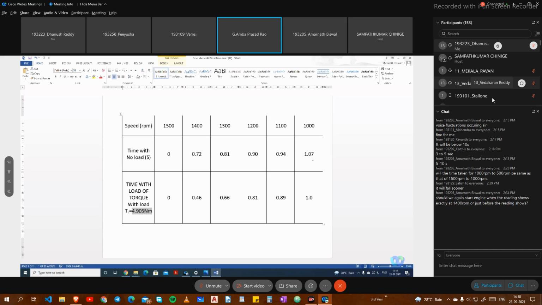Correct. But towards the end, it is going a little higher, no? Yes, sir. When we plot these, the curve will slightly differ, and the slope will differ. With no load, it will have less slope, but with load, we get kind of diverging graphs. Yeah, two diverging lines will come. Correct. So we have to take their slopes.